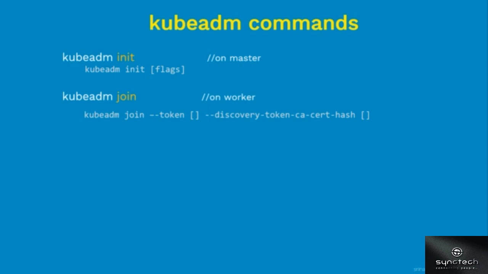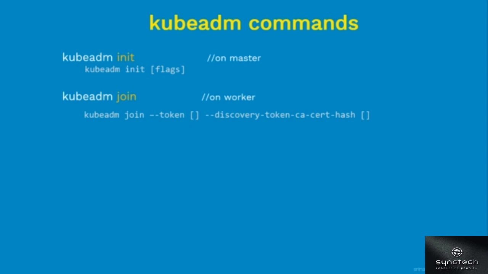So run this command whenever you want to configure a node as a worker node inside the cluster. Let's review again: kubeadm init initializes the master node, and kubeadm join initializes the worker node. These are the two most frequently used commands when it comes to Kubeadm.